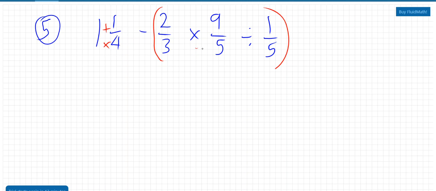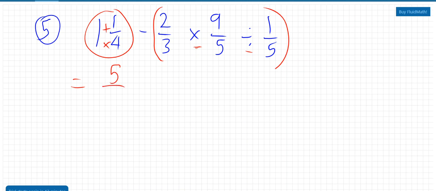And we know that multiplication and division are equal, which means neither comes first. So we just work from left to right. On my next line, I'll also change this into an improper fraction and get that out of the way. So 4 times 1 is 4, plus 1 is 5.